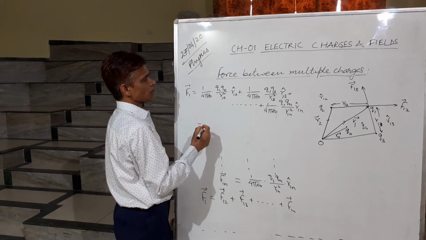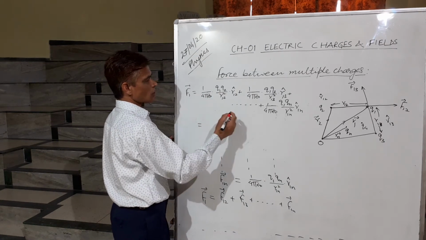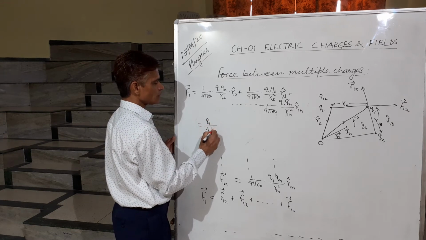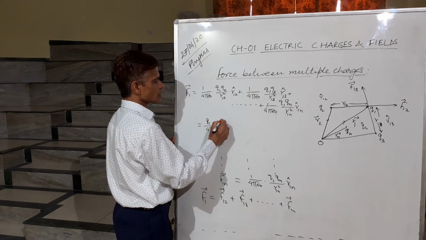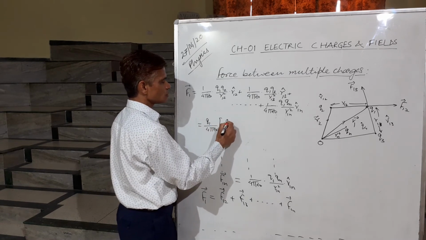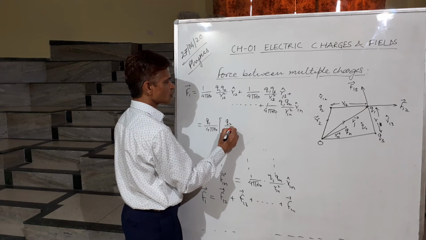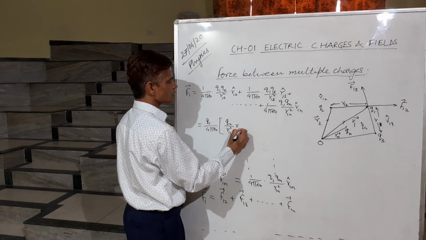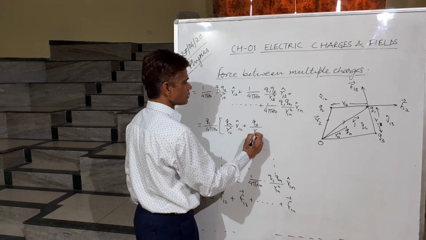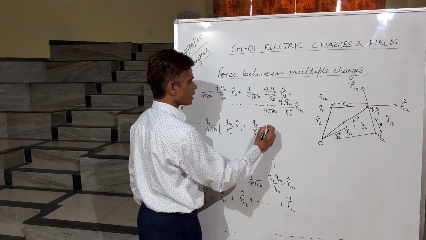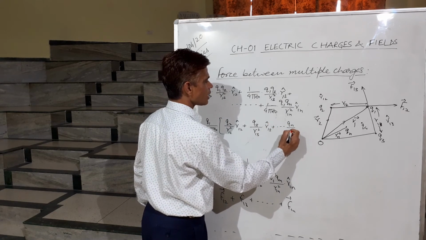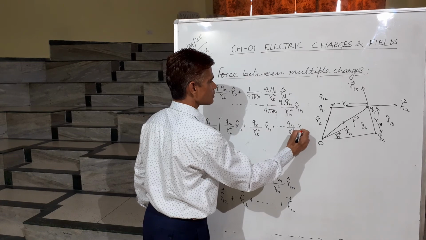Now 1 by 4 pi epsilon naught and q1 are common to all, so we can take them outside: q1 upon 4 pi epsilon naught into q2 upon r12 square r12 cap plus q3 upon r13 square into r13 cap plus and so on, qn upon r1n square into r1n cap.